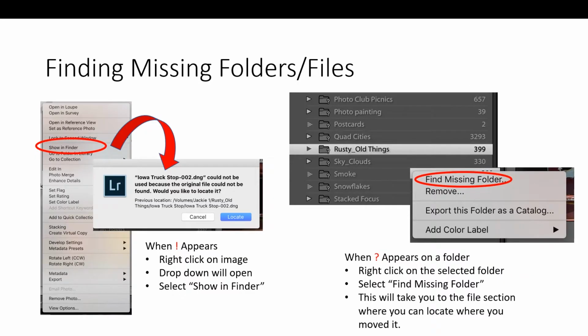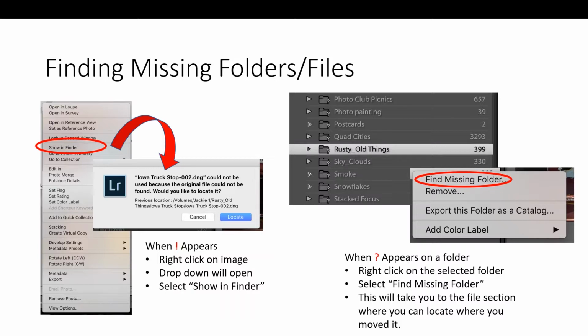What happens if you are on your internal hard drive and it still pops up? Because that can happen. Well, chances are great that you made the mistake of moving that folder or that image outside of Lightroom, and it can't find it because you moved it.